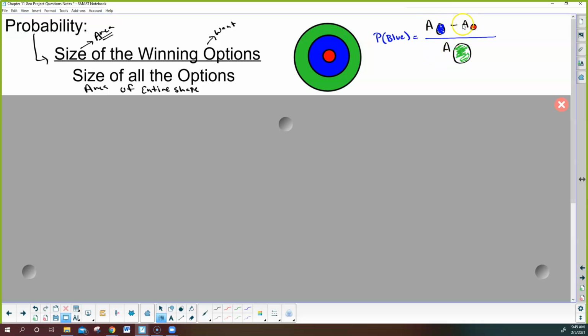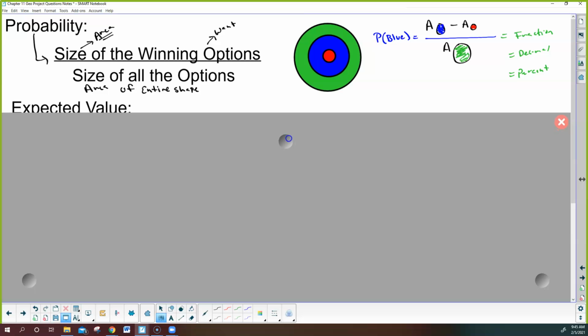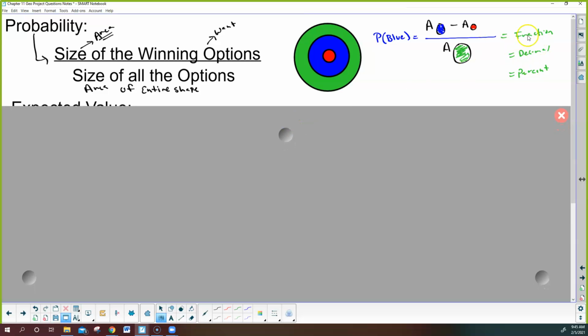So notice I would find the area of the blue portion and then divide that by the area of the green. And that's what we want out of the total. And then that answer we can write as a fraction, decimal, and or percent. Okay. Now we didn't tell you which way you should write that, so any one of them is fine.